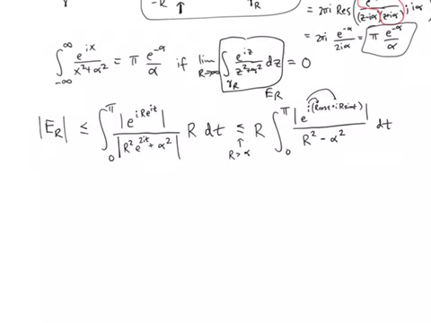And then when we distribute the i there, what we're going to get is r times r over r squared minus alpha squared, we have e to the minus r sine t dt, integral from 0 to pi.